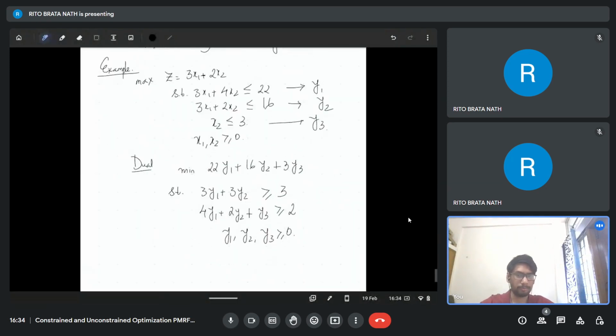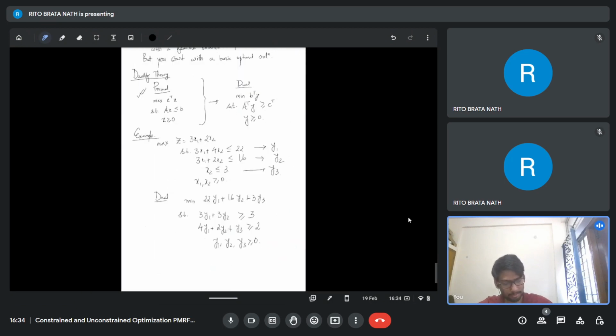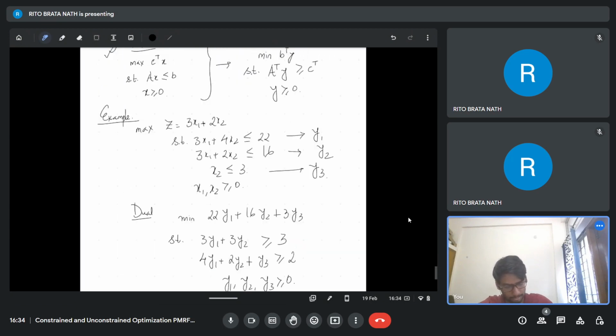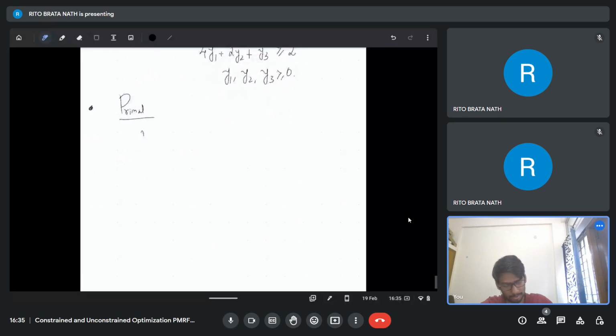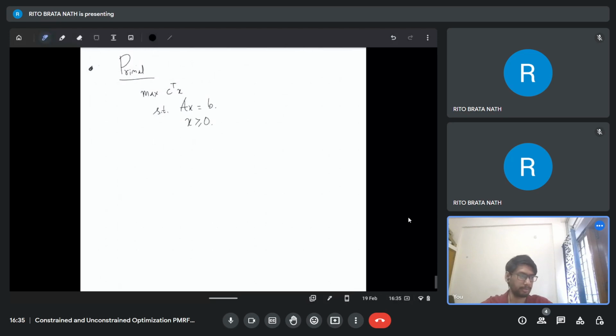So this is how you convert it, but there are certain rules. Suppose you have an equality type constraint, so what happens? Suppose your primal form is max of C transpose X subject to AX equals B, X greater than or equal to 0.